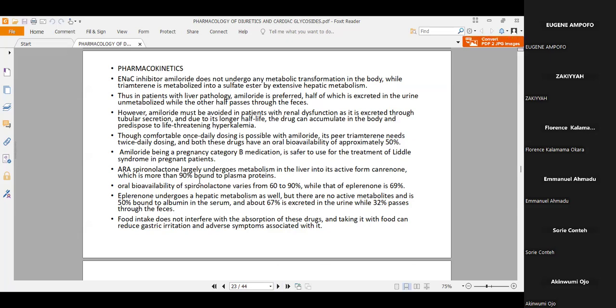The bioavailability ranges from 60 to 90%, while that of eplerenone is about 69%. Food intake does not interfere with the absorption of these drugs, and taking it with food can reduce gastric irritation. So it's advisable to take it with food.